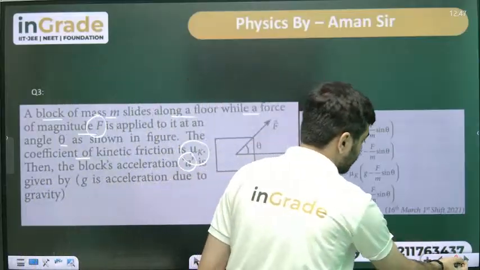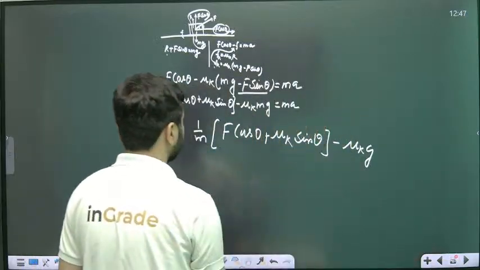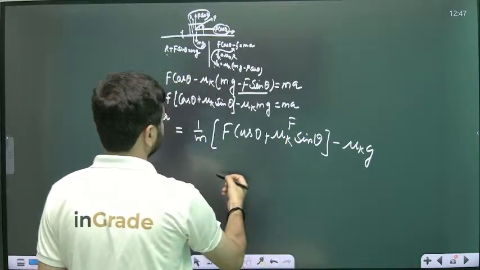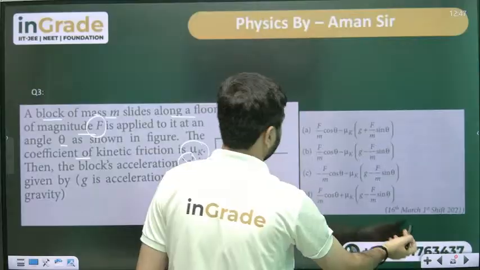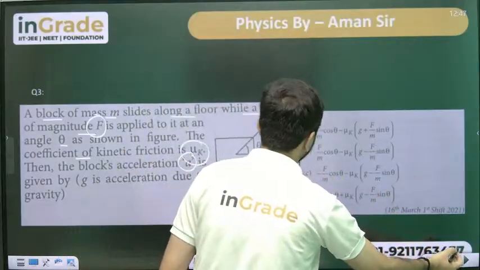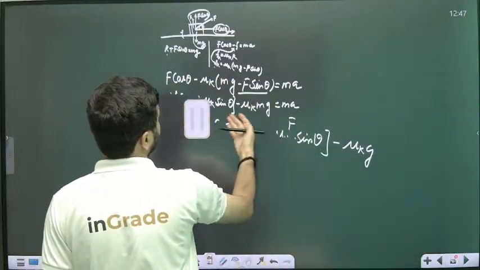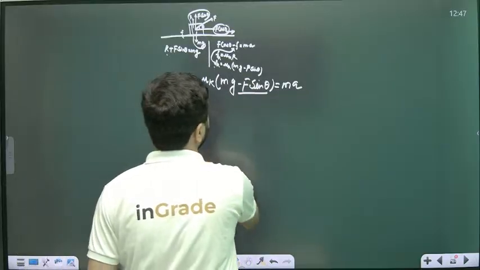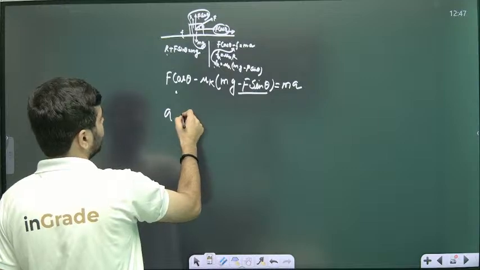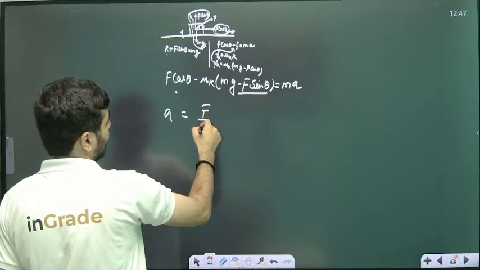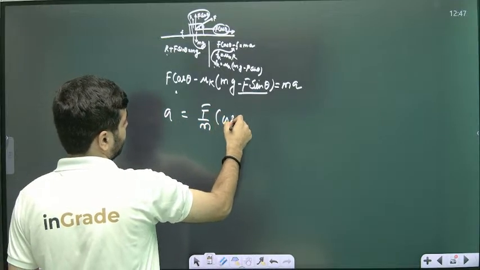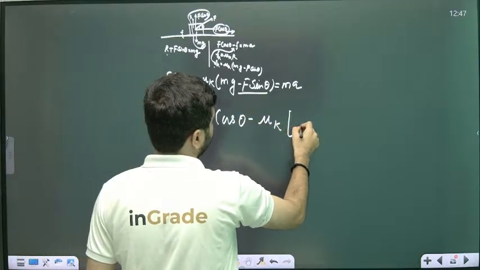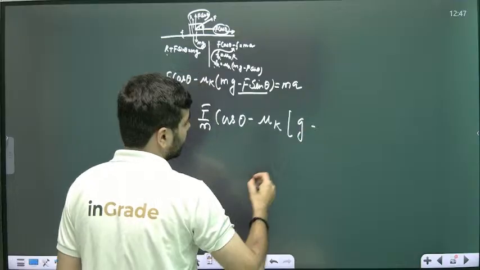Let's solve it. Simply F by m. Now let's remove it. Just solve it simply from here, no need to do any extra step. a will be simply F by m (cos theta minus mu k sin theta) ... m will be cancelled out, then g will be left, F by m.